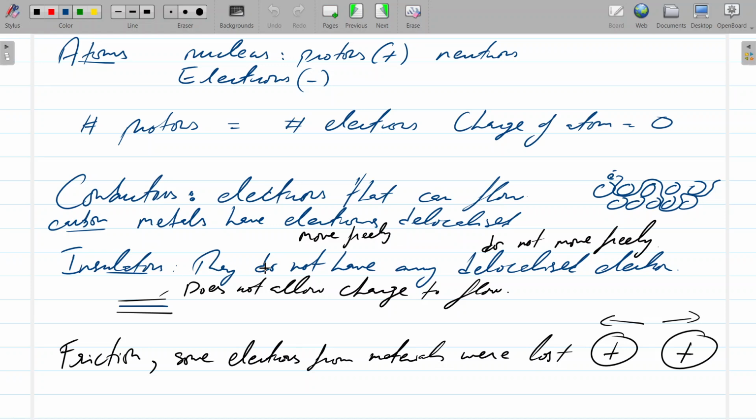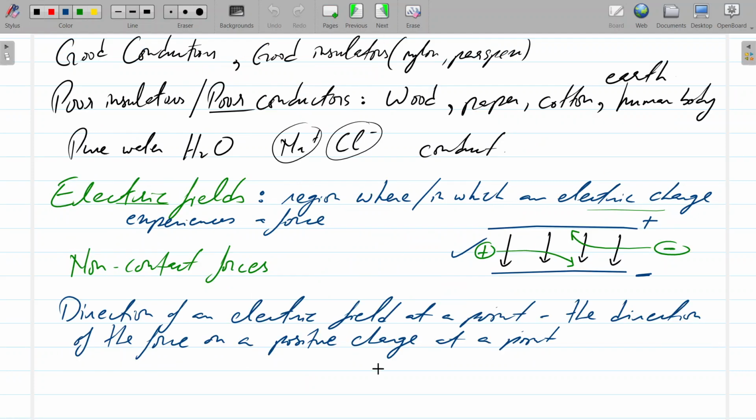Insulators are materials that do not have electrons that can move freely, and so they do not allow charge to flow, right? And when friction is applied to certain materials that would otherwise not conduct electricity, some electrons are sort of knocked off the atoms, and so they develop a charge, and that's where you get static electricity from.